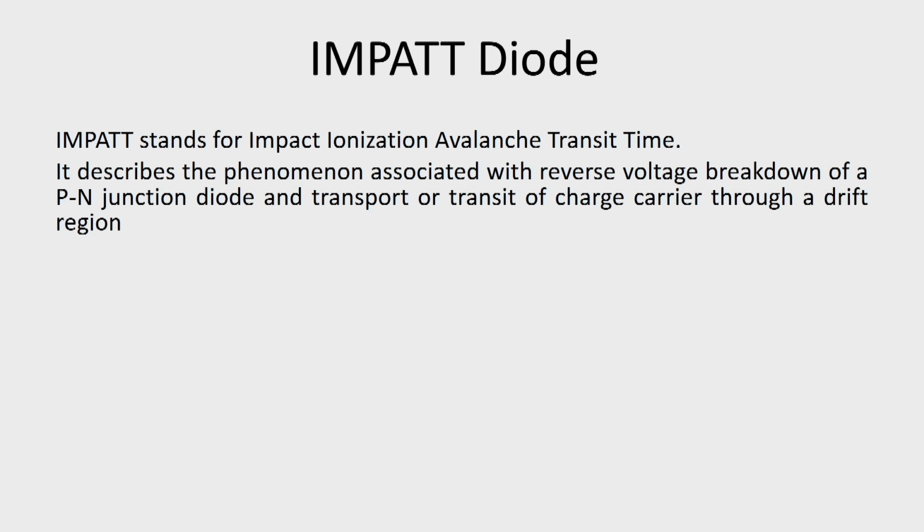We know that if a PN junction is operated in the reverse bias condition and the reverse bias becomes very high, then the junction breaks down, and avalanche breakdown is the mechanism of carrier multiplication when the device goes into breakdown.